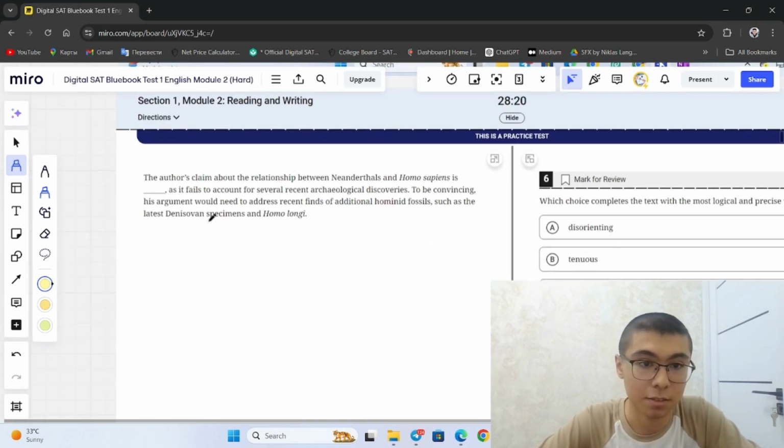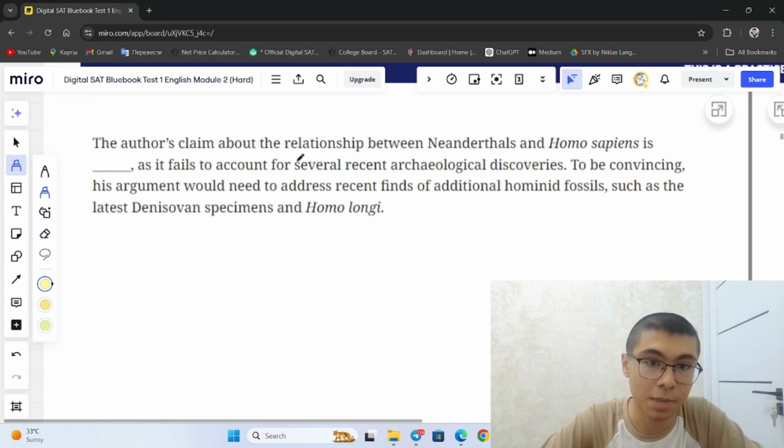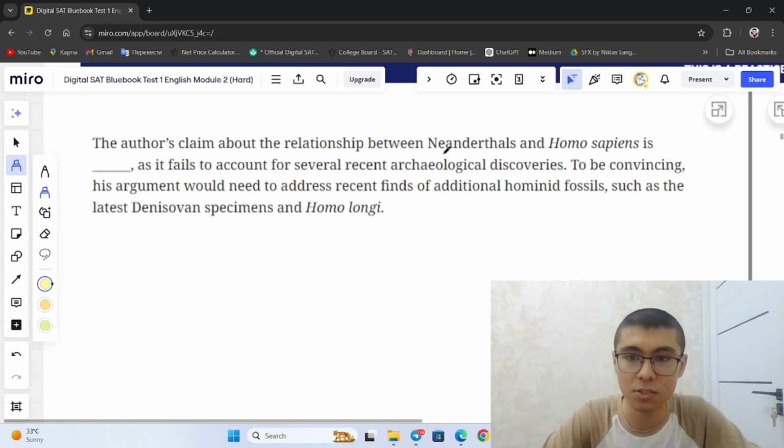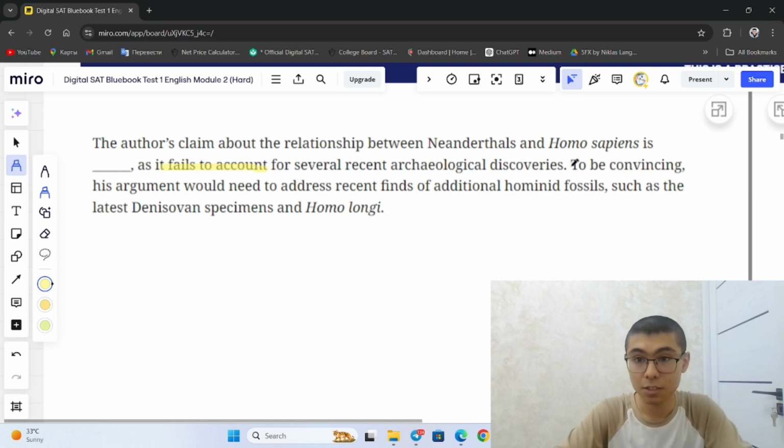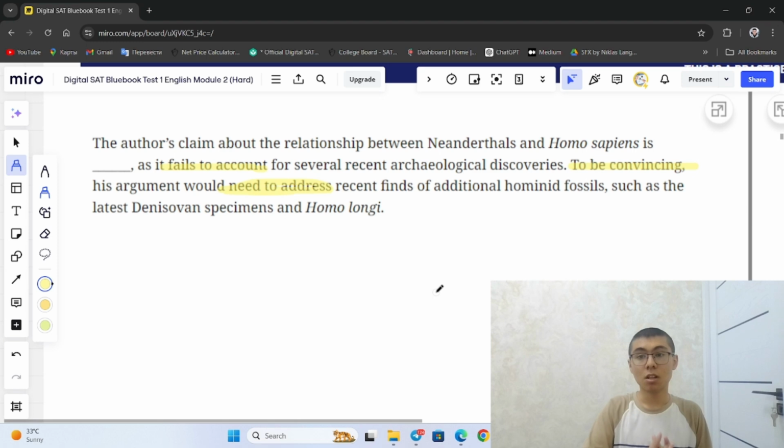Question number 6. The author's claim about the relationship between these two is something. So we need an adjective, as it fails to account for several recent archaeological discoveries. To be convincing, so that means it's not convincing. To be convincing, his argument would need to address recent finds of additional fossils.